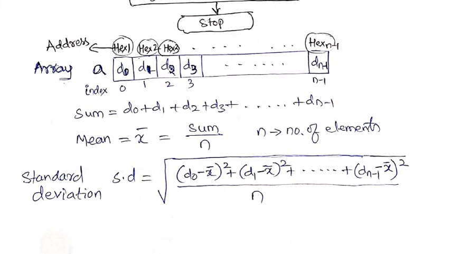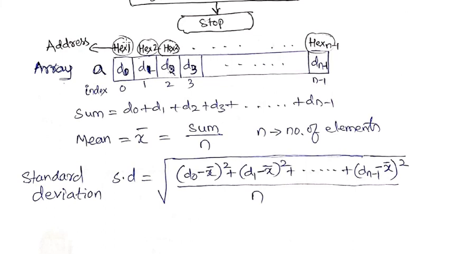Suppose we know the address of d0, the address of this particular memory location, I can directly access this data element. One way to access this data element is using the array index. Another way to access that array element is using the address. In the next address location we will have the next data element, and in the next location the next array element.